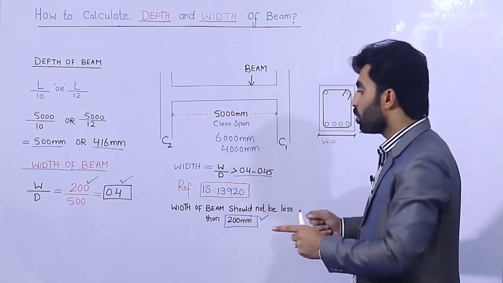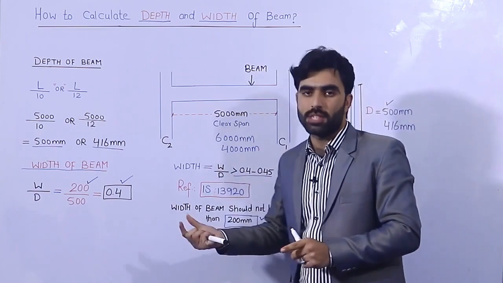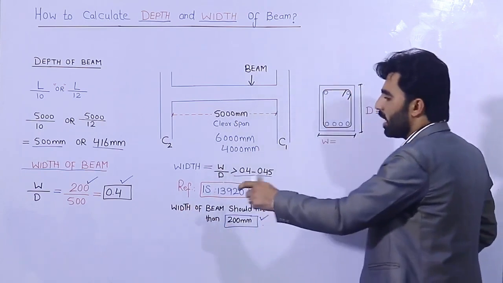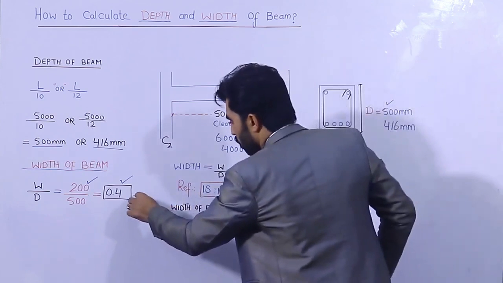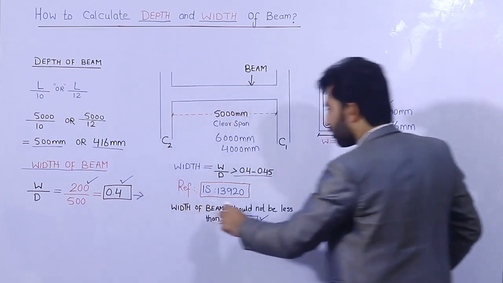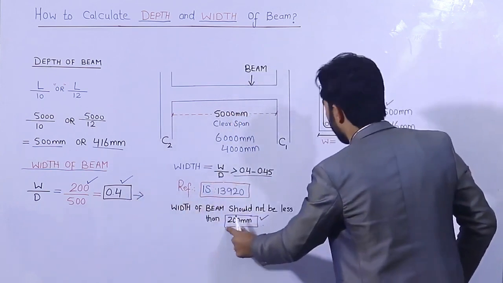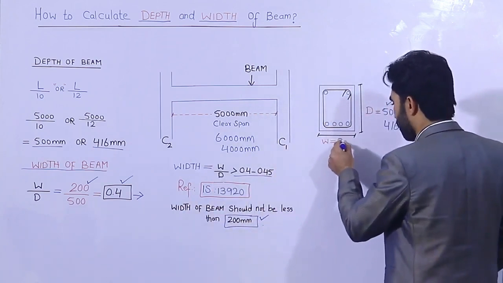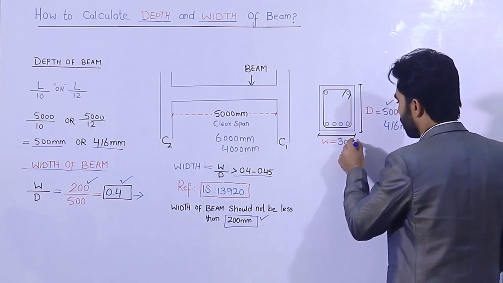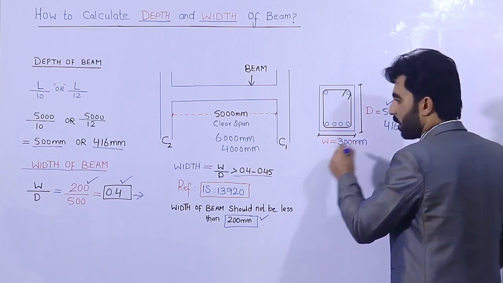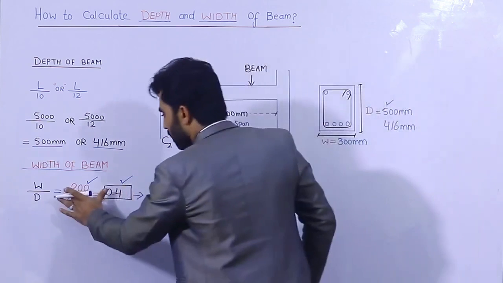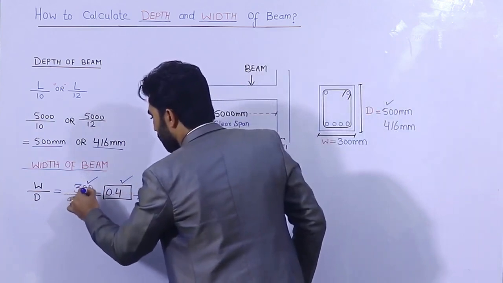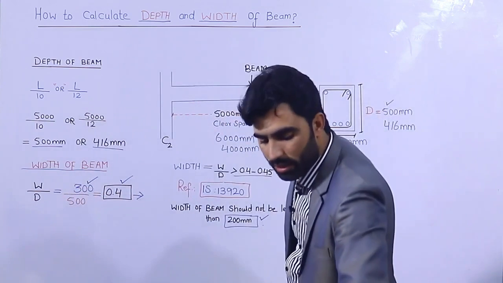Still, we should put a factor of safety to increase the width of the beam. It is safe, but I should increase it. The minimum is 200, so I can increase it. Let me take 300 mm. Let me do its calculation: 300 divided by 500.